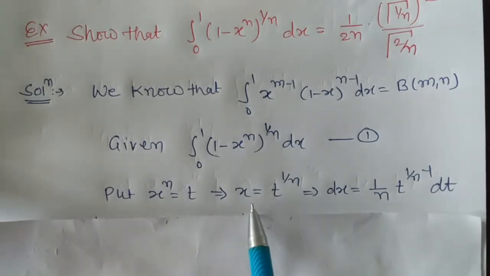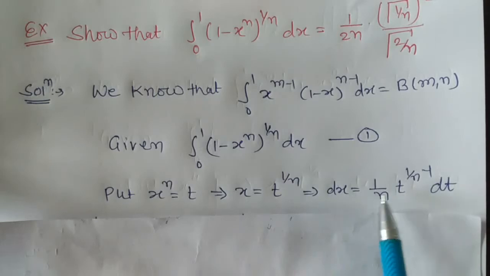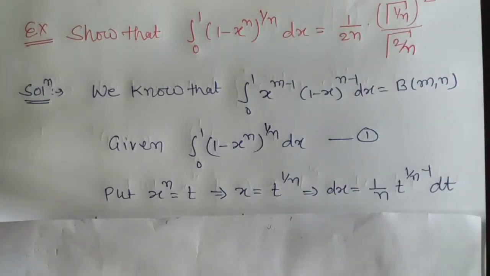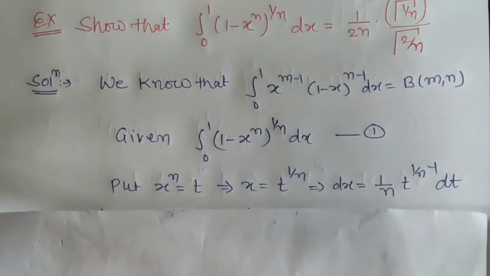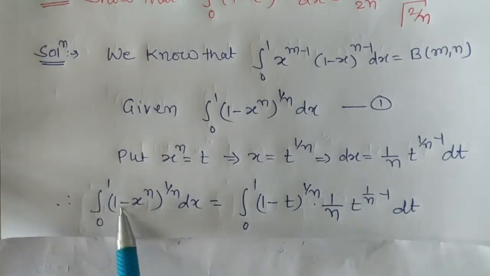Differentiating this, we get dx equal to 1/n into t^(1/n minus 1) dt.